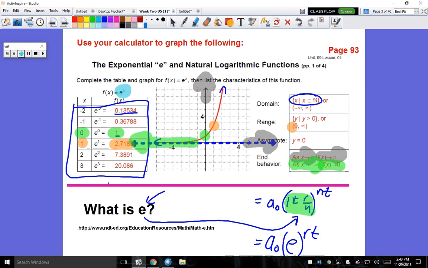We ended class with something that looked like this. Okay, and I even said sometimes A sub 0 could just be written as P, like the PERT equation. P is your principal, the money you start off with. r is the rate. t is time in years. And e represents the natural rate of growth. Okay?